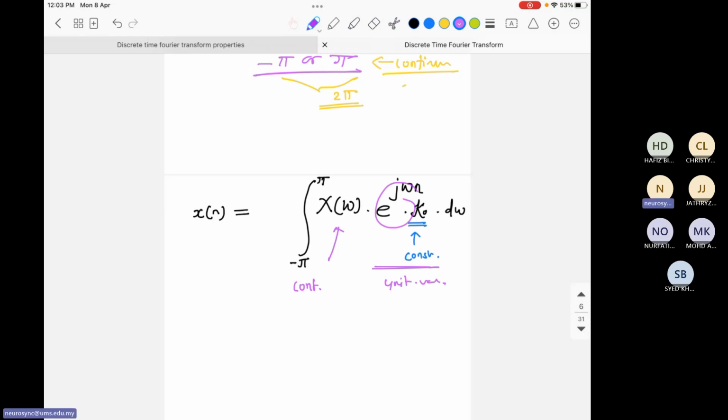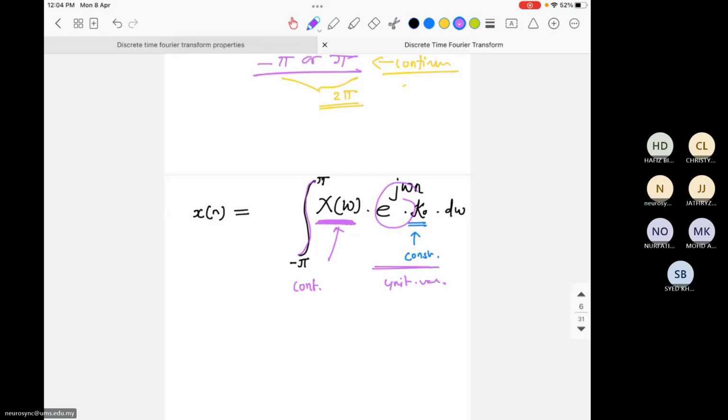If it is discrete, we do the summation. That you need to understand. This is the continuous component, not a discrete component. Therefore, we have done the integration over minus pi to pi.